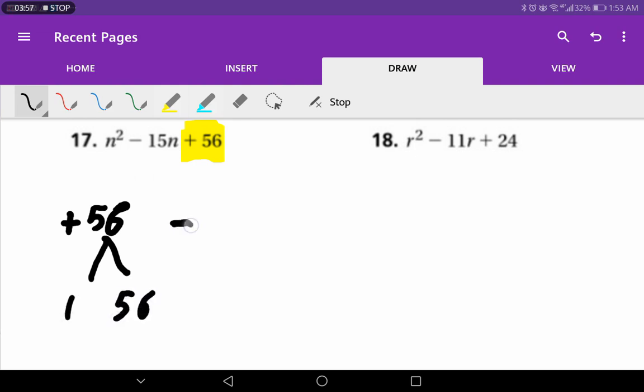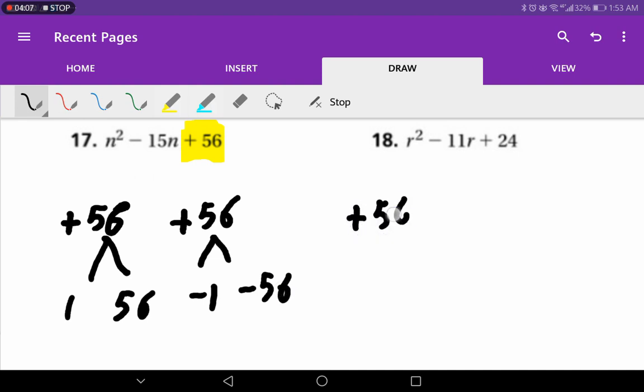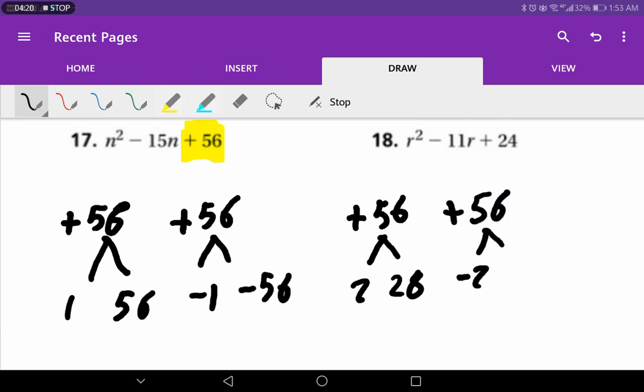And also positive 56 is coming from negative 1 multiply negative 56. And positive 56 is coming from 2 multiply 28. And from negative 2 multiply negative 28.